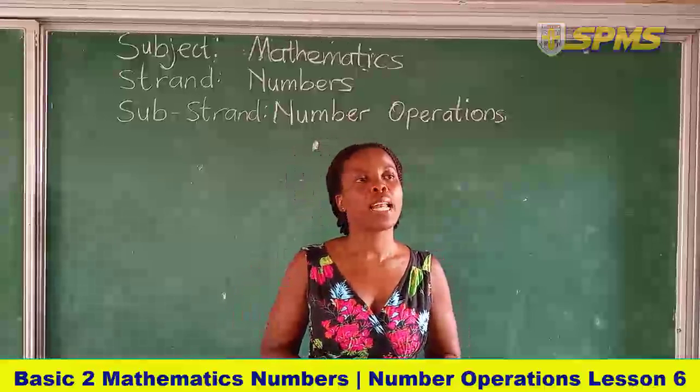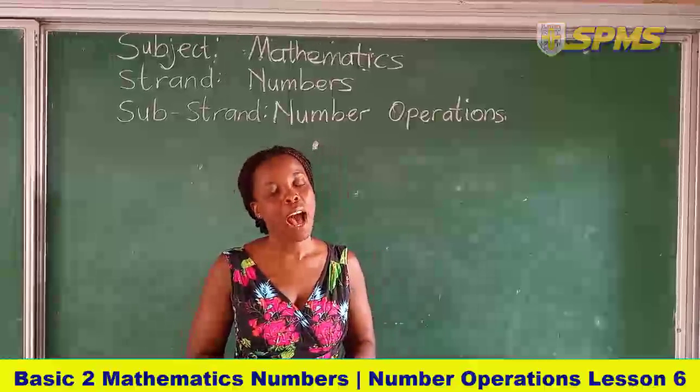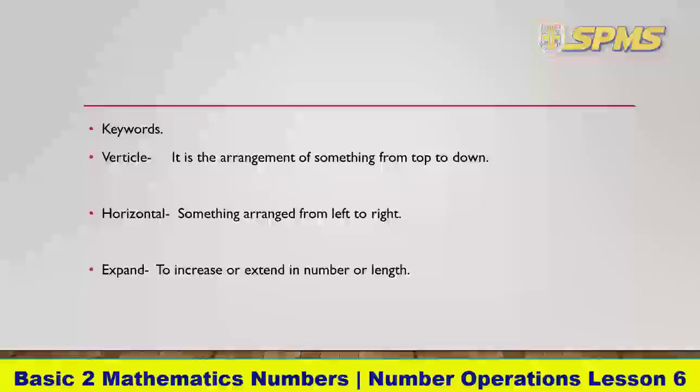Before we go on with our lesson for today, let's look at our keywords. Our first keyword is vertical. If I say vertical, what does it mean? Vertical means something that has been arranged from top to down.